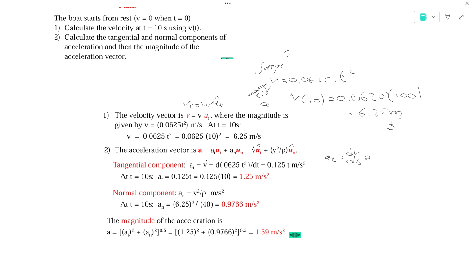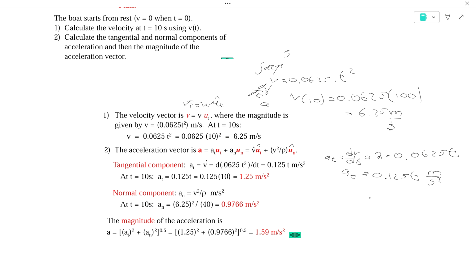We just need to compute that derivative, and it's 2 times 0.0625 t, which is equal to 0.125 t. And this is meters per second squared because this is an acceleration.